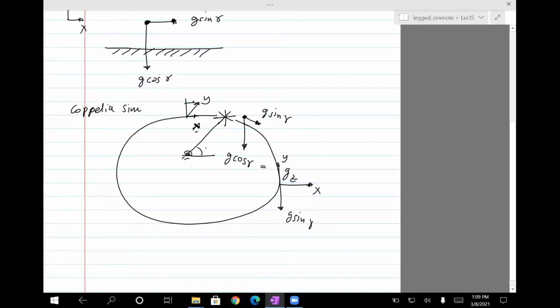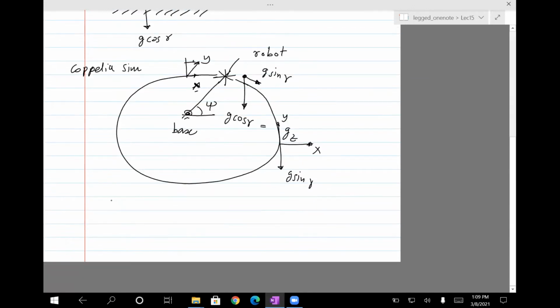That can be easily done if you know the position of the base and the position of a point on the robot. Let's just call that the robot. This angle, let's call it psi. Psi is usually used for the heading, or the yaw angle, so let's use that.